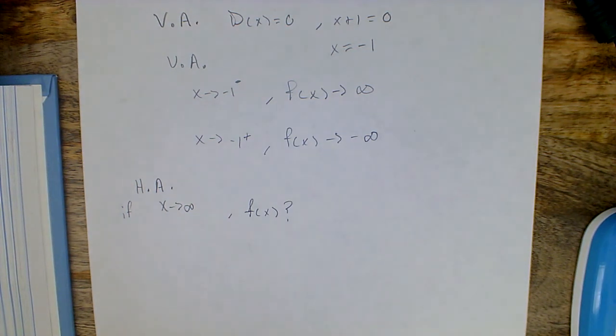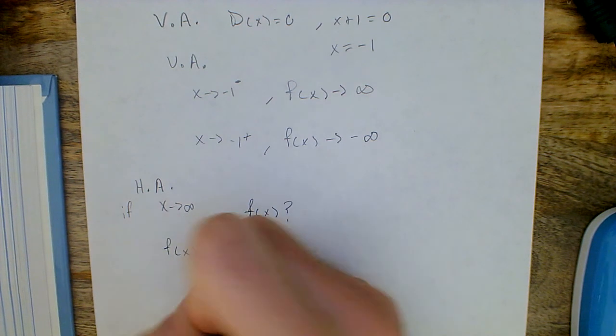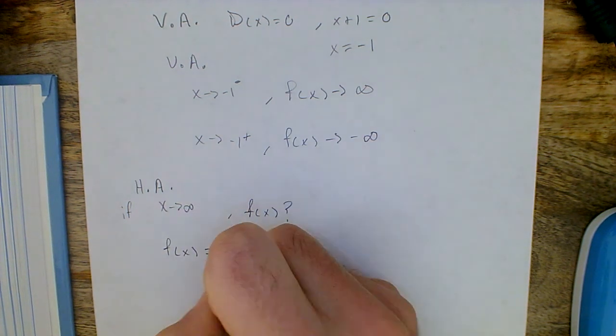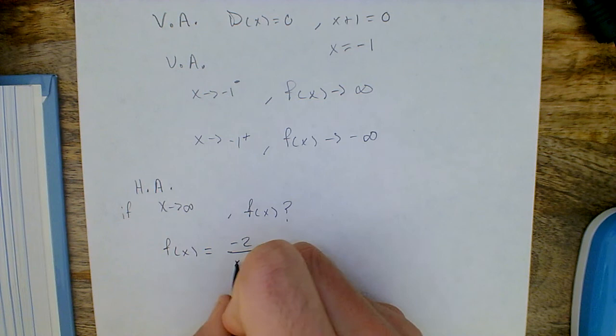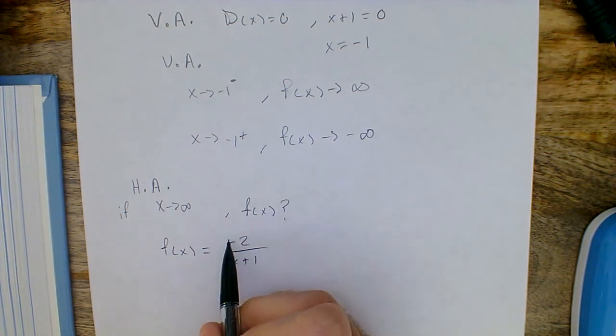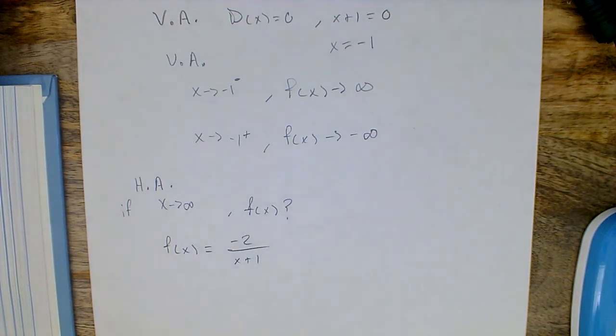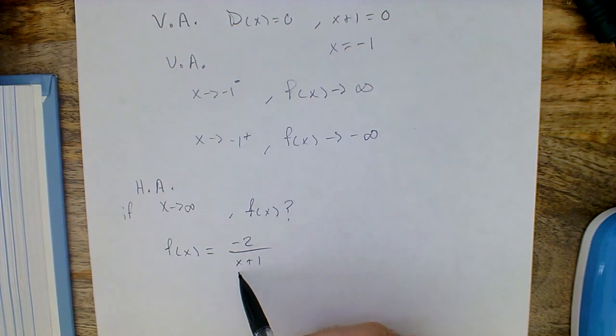Okay, so as x goes to infinity, f of x equals negative 2 over x plus 1. So if I put a very, very large positive number in here, it's going to be a constant negative number over a very large positive number.